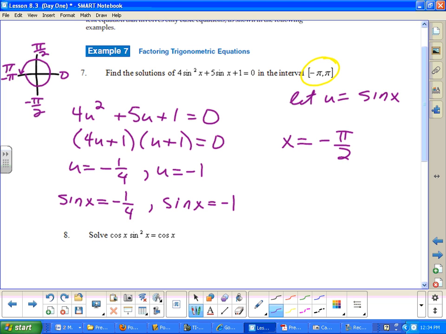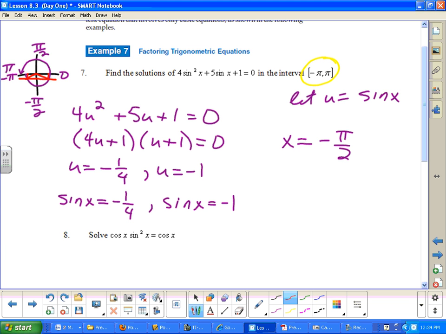Well, that means we have y values of negative 1/4. So somewhere in here, we're going to have a reference angle to help me. Okay, because sine is negative in the third and fourth quadrants, right? Just like the problem we were just talking about.